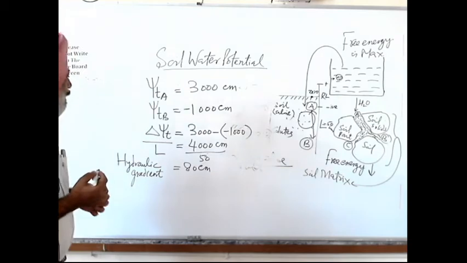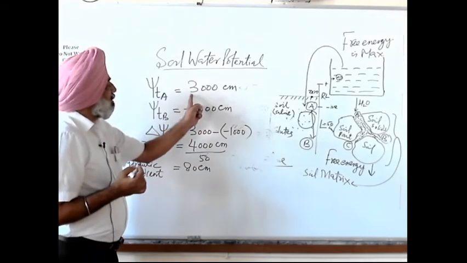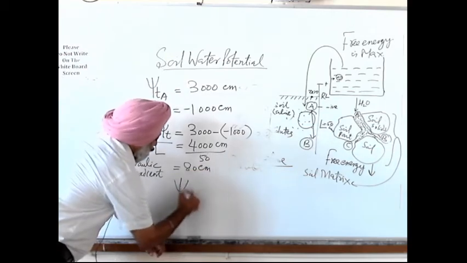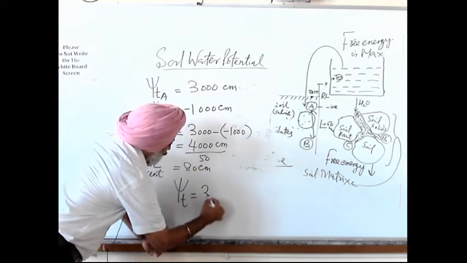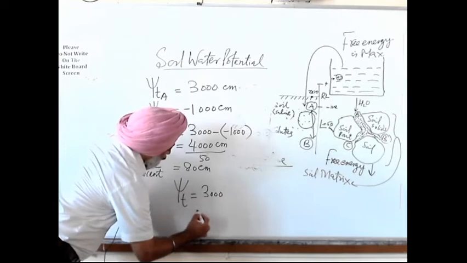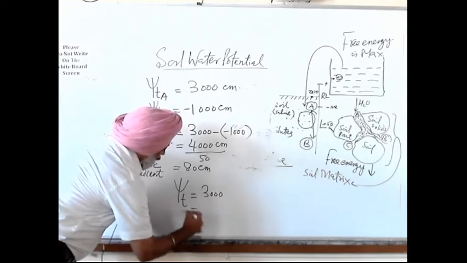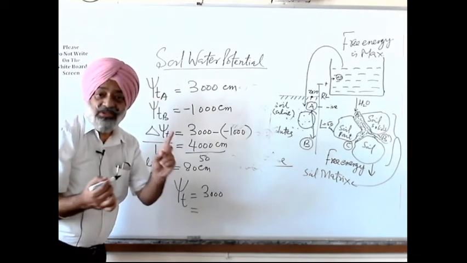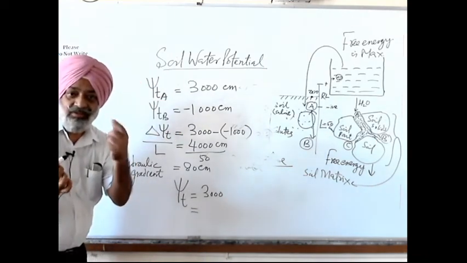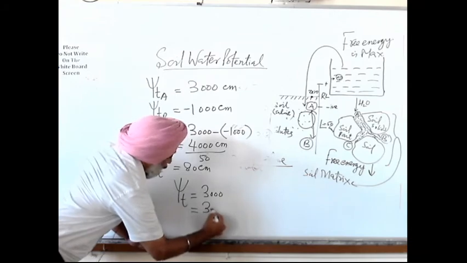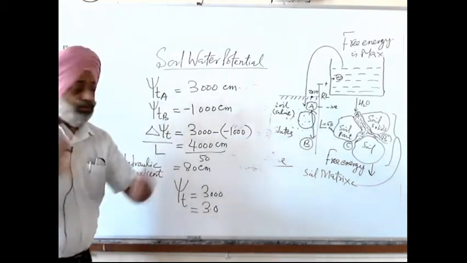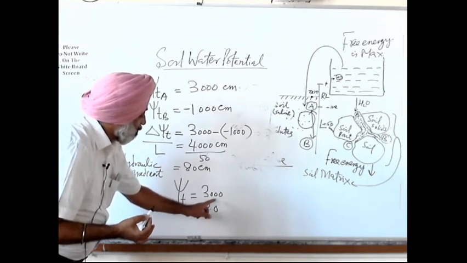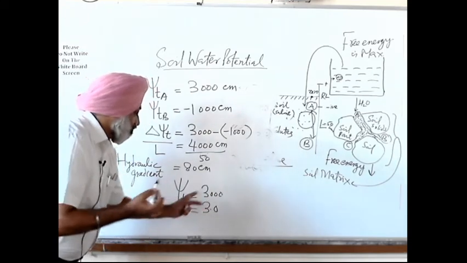Many a times, instead of writing these long figures, I can write total soil water potential as 3000. I can also write it as, if I take log of 3000, it comes out to be 3 point something.